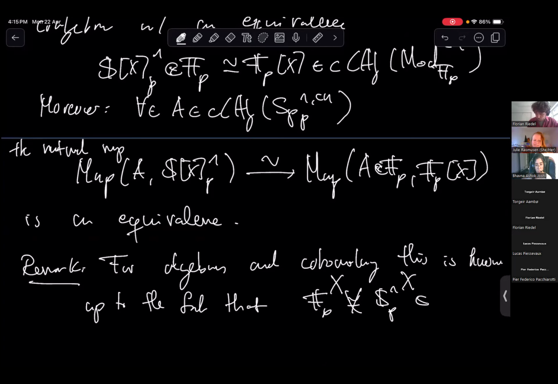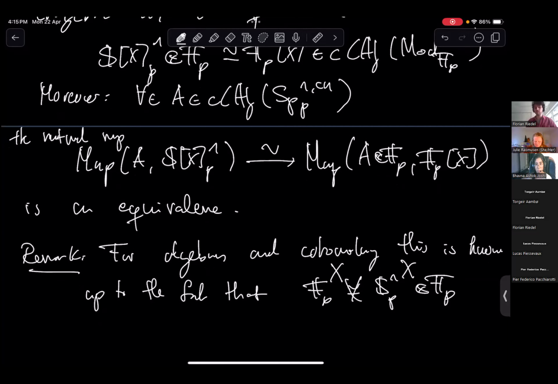There is a question in the chat: is the left-hand side map in C-alg and the right-hand side in F_p coalgebras? Yes, exactly. It gets even uglier if you always carry this notation around, so I might suppress it at points.